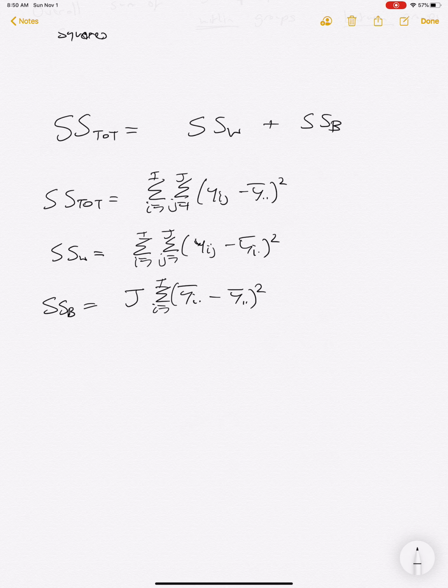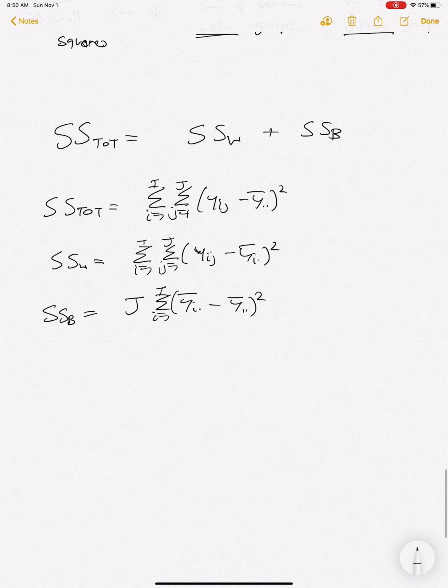Okay, and so let me just show you why that's true. It's pretty easy algebra, but I'll just do it anyway. So why is the decomposition true?